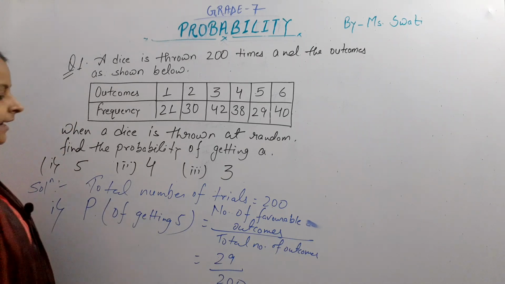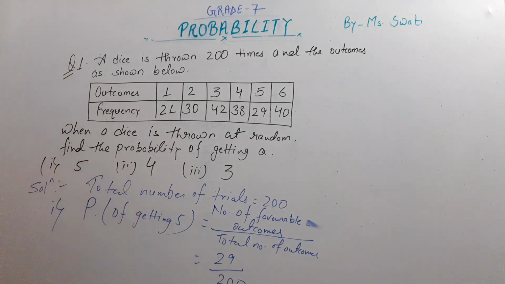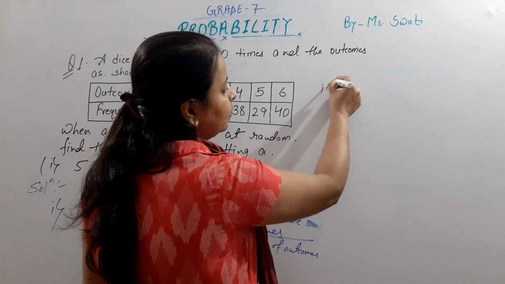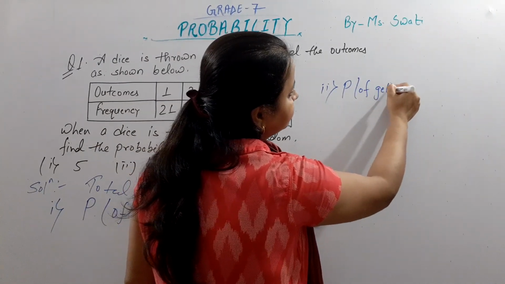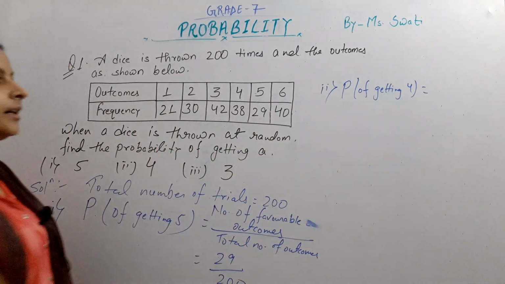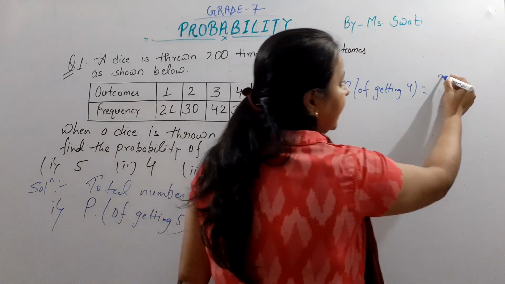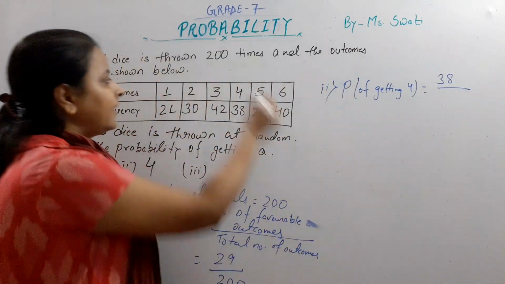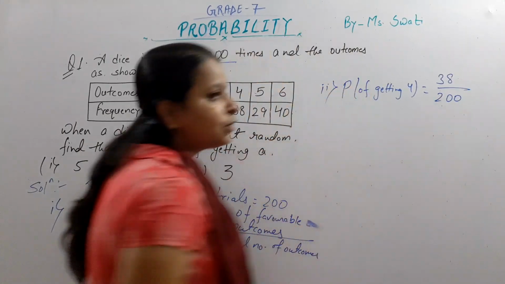Okay. Now, the second is find the probability of getting 4. So, P of getting 4. Here how many times does 4 occur? 38 times. So, 38 and the total number of trials is 200. 38 by 200.